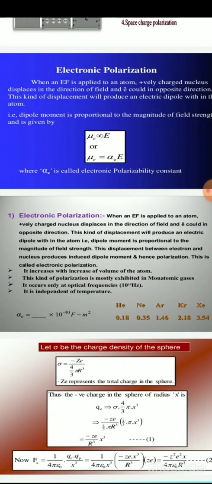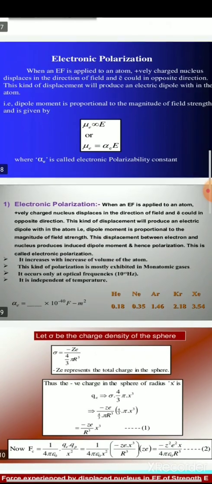Now, as we discussed above, it increases with an increase in the volume of the atom. That means if you increase the volume of the atom, electronic polarization also increases. This kind of polarization is mostly exhibited in monoatomic gases like helium, neon, argon, krypton, xenon.